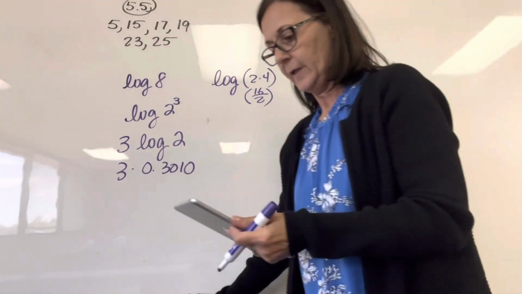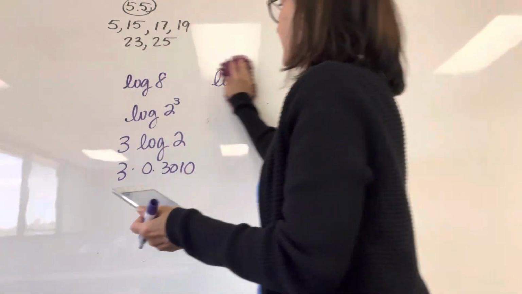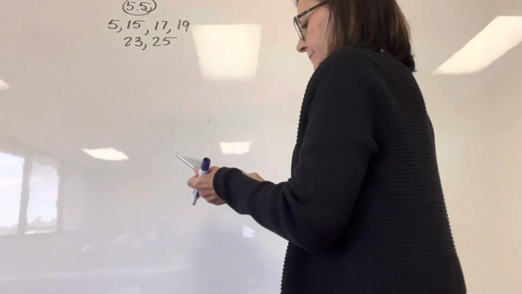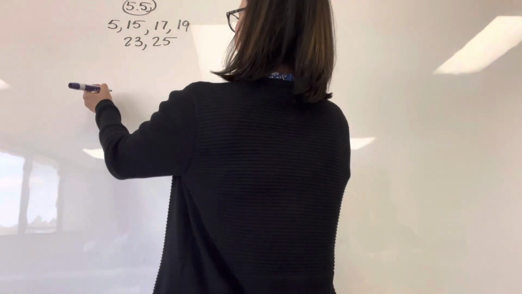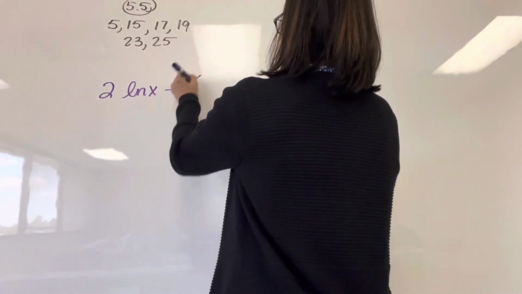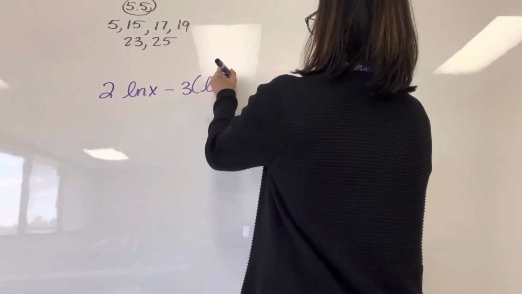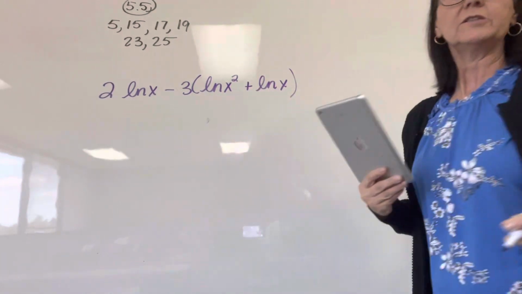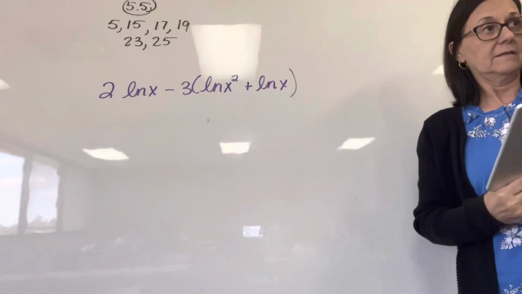All right, number 15. Same page. It says write it as a single log. So 15 is 2 ln of x minus 3 ln of x squared plus ln of x. What should I do first, guys?